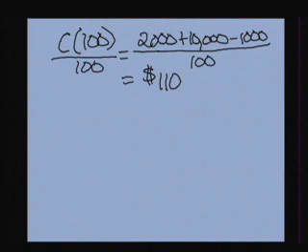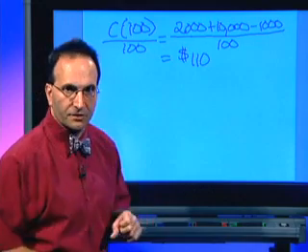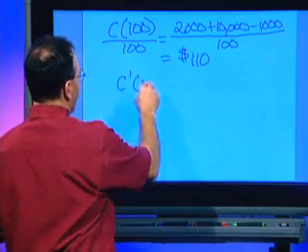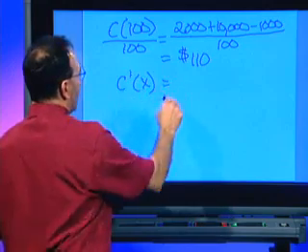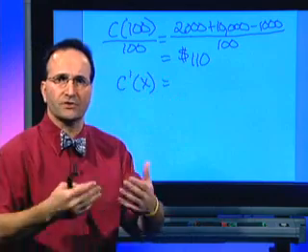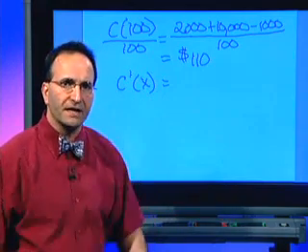The second part is we have to find the first derivative of the cost function. So the first derivative, C prime of x. Well, of course, remember that the 2,000 would just be a constant, so that's going to be plain old 0.